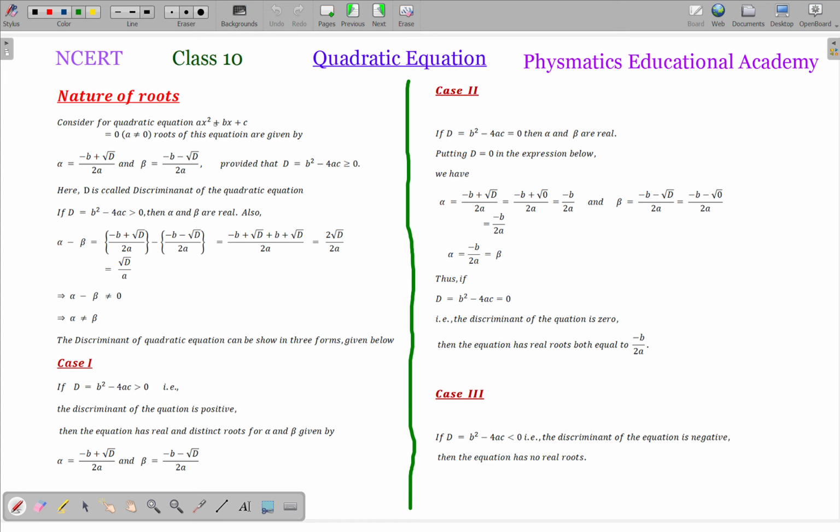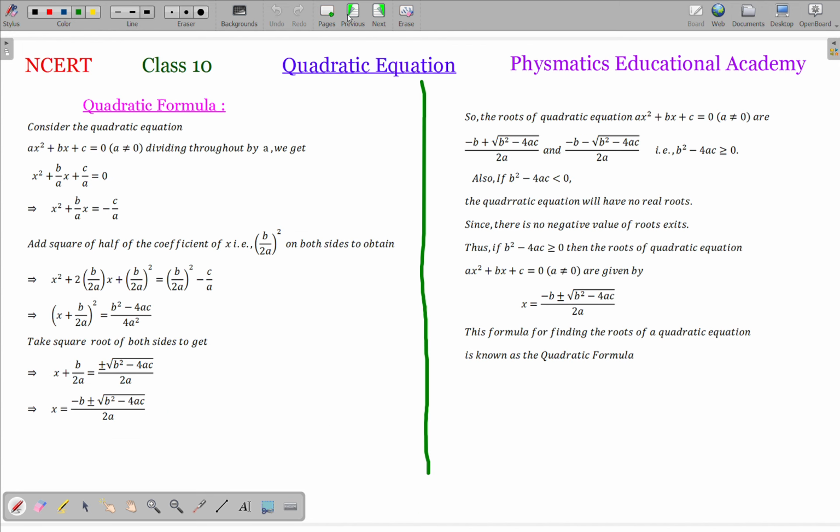Nature of roots. Consider the quadratic equation ax square plus bx plus c. For this quadratic equation, alpha is equal to minus b plus root D by 2a, where D is equal to b square minus 4ac. This is the D value. Similarly, beta is equal to minus b minus root D by 2a.